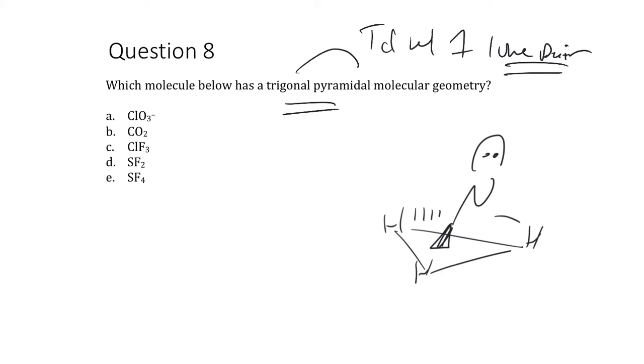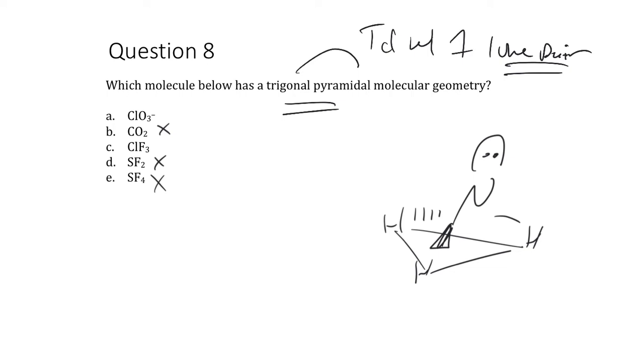So the trigonal pyramid shape is something like for ammonia. Now it's going to arise when we have three things attached. So CO2 is linear. SF2 again, like three atoms is either linear or bent, not something like trigonal pyramidal.